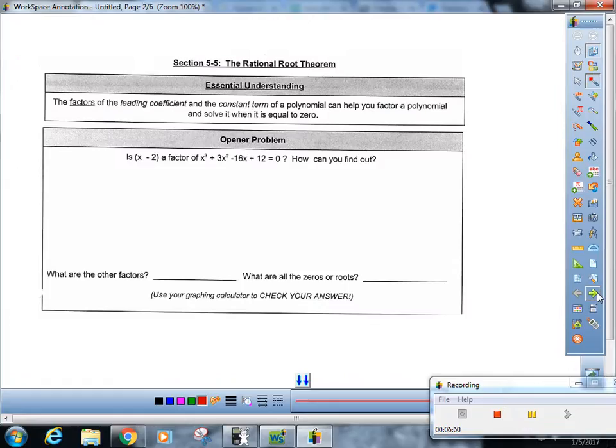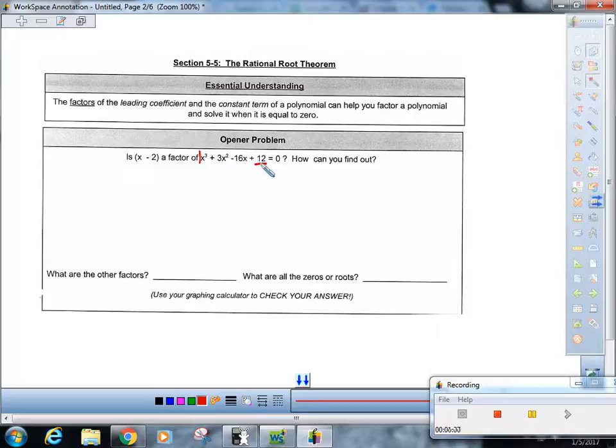All right. So, the factors of the leading coefficient. The leading coefficient here is a 1, so we're going to have to know what that term means. The factors of the leading coefficient and the constant term of a polynomial can help you factor a polynomial and solve it.